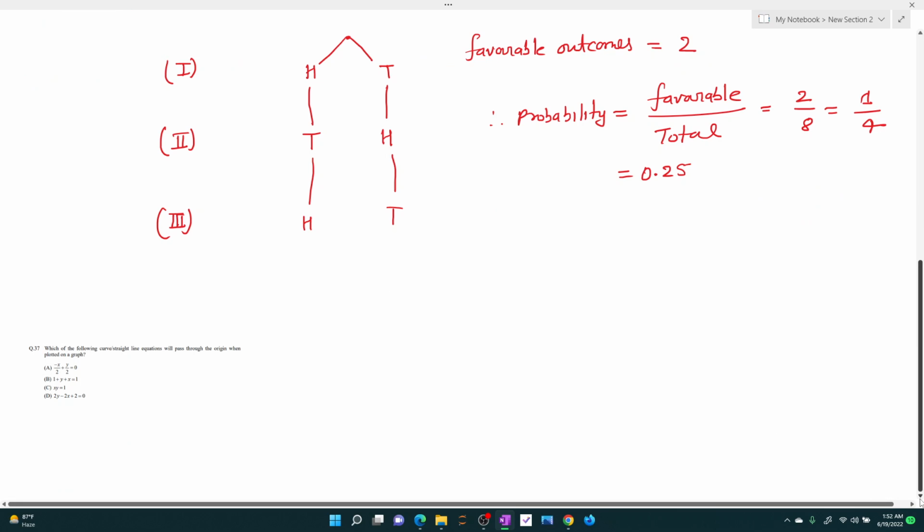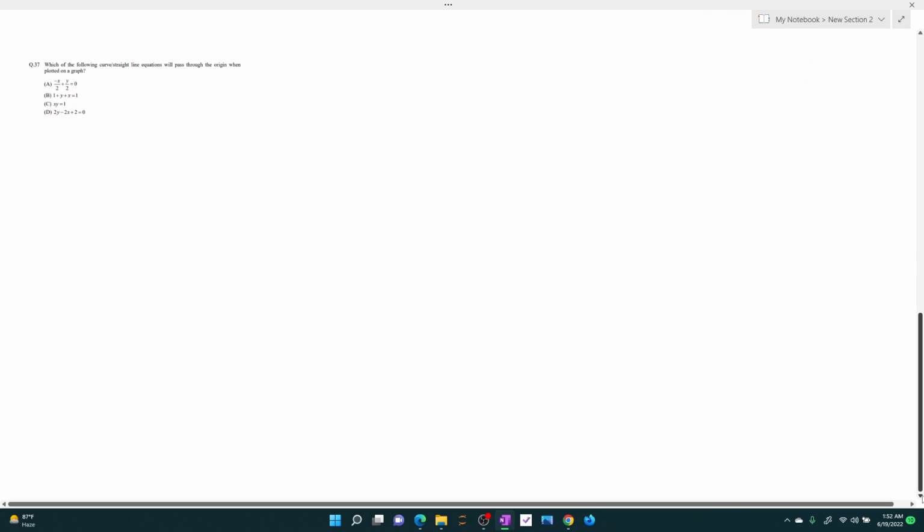That is question number 37, right? So it says which of the following curve straight line equations will pass through the origin when plotted on a graph. So when an equation passes through the origin, that means what?